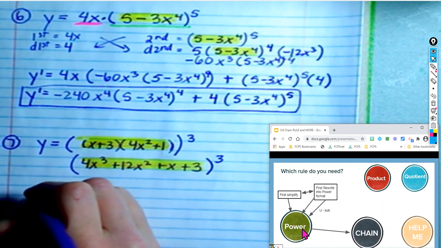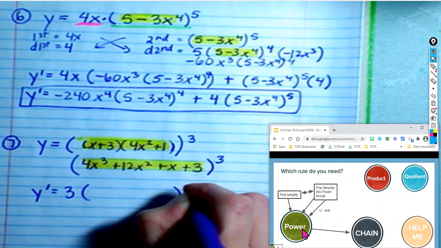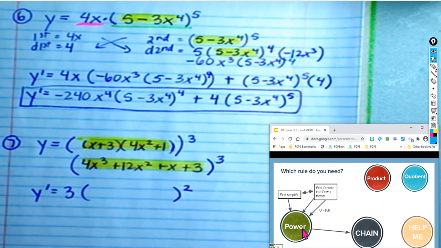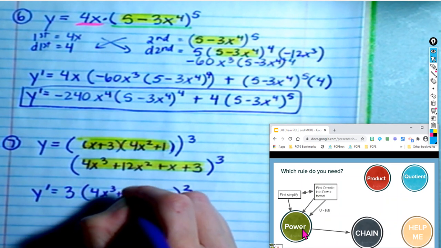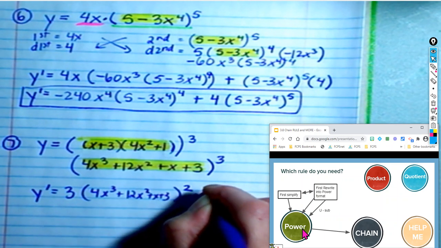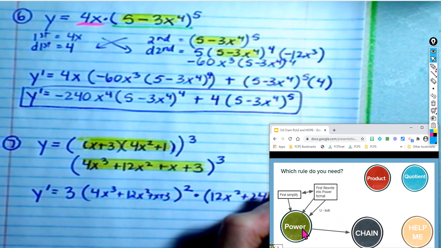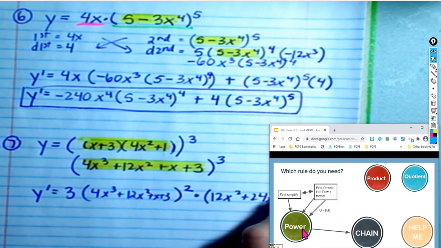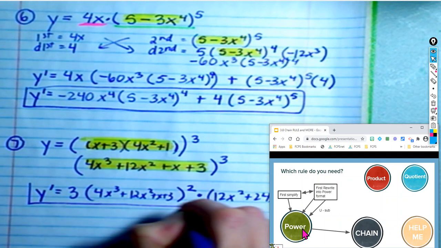Oh, okay, y prime equals outside derivative. Drop that power, subtract 1. Copy. Times the derivative of the thing you copied. That's it. Do nothing.